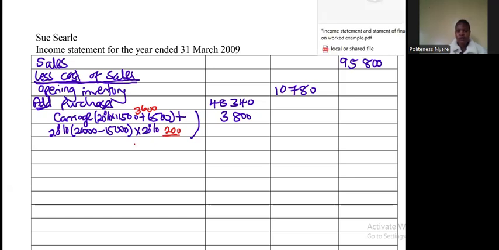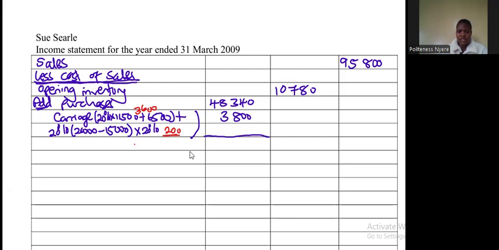Now let's move on. After the carriage, we also have returns. They are returns outwards. We returned goods to our suppliers, so we also have to incorporate that. What you can do, like for me, usually I would want to add here.